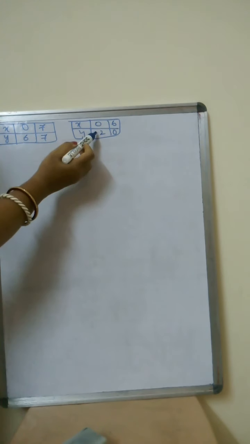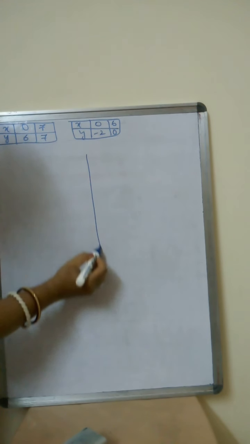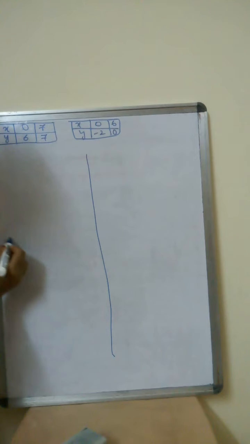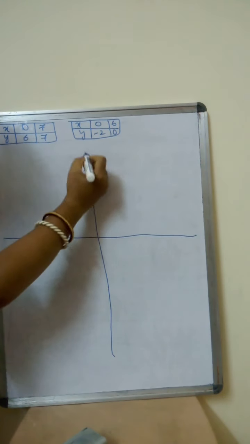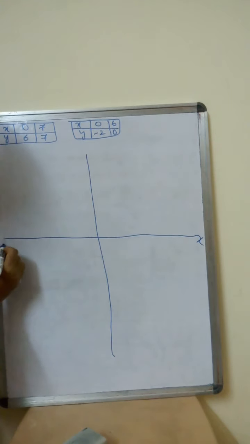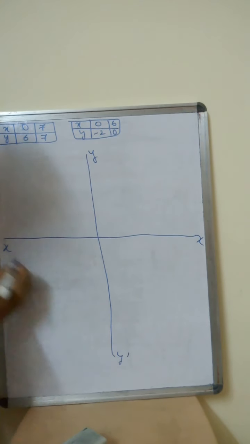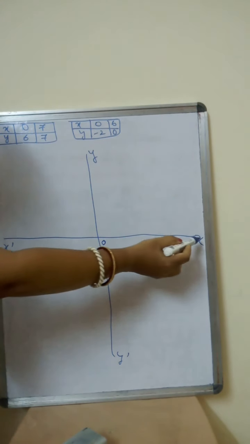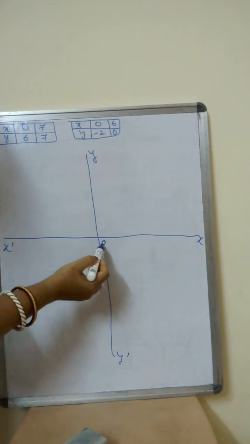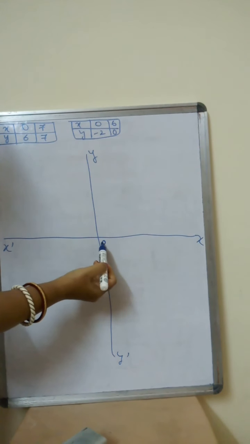Now see, I have a negative, so I need the negative side of y. So this is the graph paper. You need to do it nicely on your graph paper. You have to divide the page into x and y axes. So now you have 3 things: x-axis, y-axis and 0, the origin.